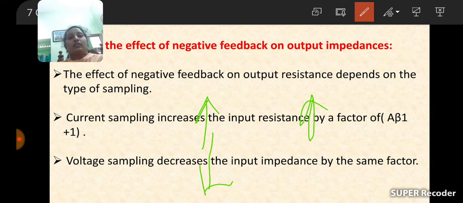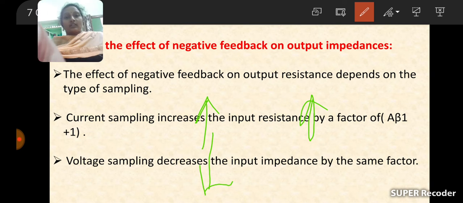Is it clear? The effect of feedback on the output impedance is due to sampling. What is the cause for the effect of feedback on the output impedance? The reason is only the sampling.